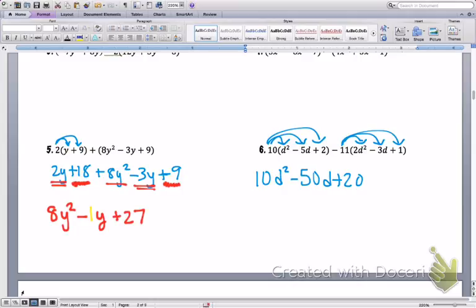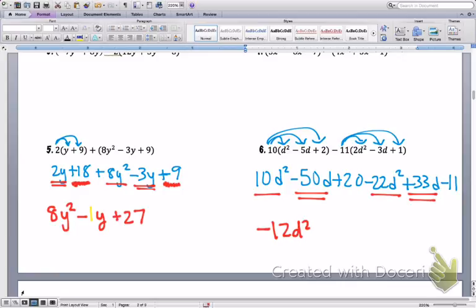Multiply by negative 11, so it's negative 22d squared plus, because it's two negatives multiplied, 33d minus 11. Combine like terms, powers of 2: negative 12d squared. Then the single variable terms: one's negative, one's positive, negative 17d. And then the single numbers give me positive 9.